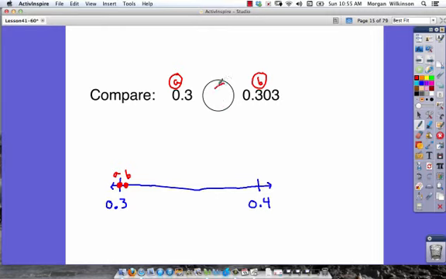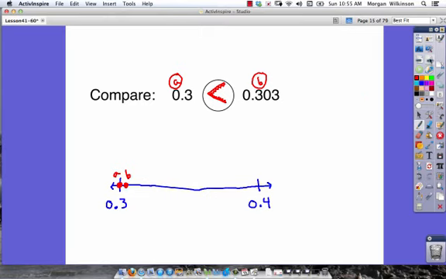So we can make our inequality. Remember, our inequality always opens towards the bigger number. The alligator wants the more. The alligator is going to eat the bigger number. We could draw in our teeth if we wanted to. And we've got our answer. We've said 0.3 is less than 0.303. And we use the number line to help us figure that out.